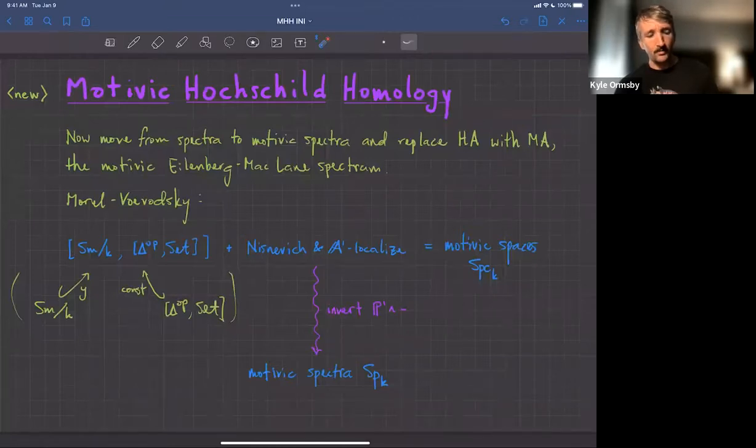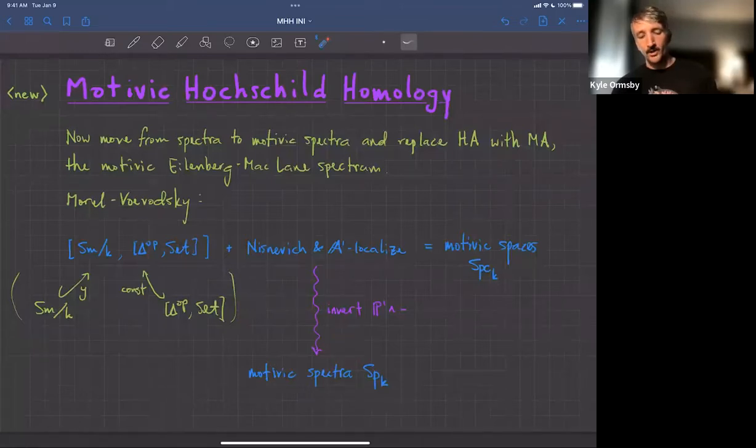So many will recall Morel-Voevodsky's construction of the Motivic homotopy category. Just to be concrete here, I'll gloss it. We start with simplicial presheaves on the category of smooth finite type schemes over a field K. And then we need to remember certain colimits, which is what the Nisnevich localization does.